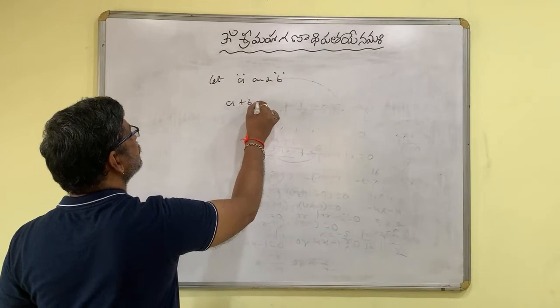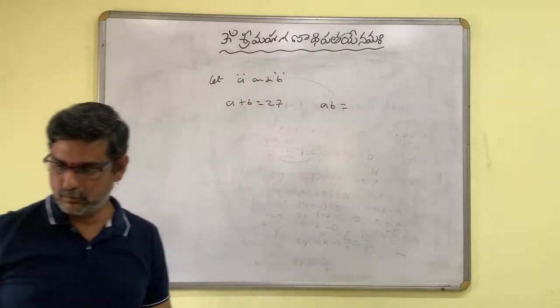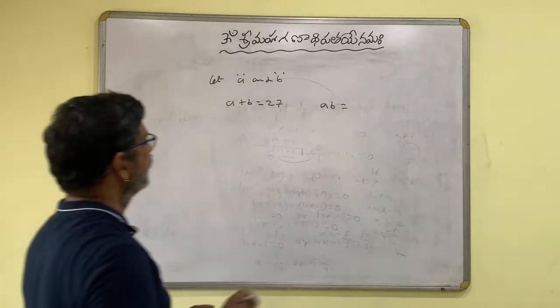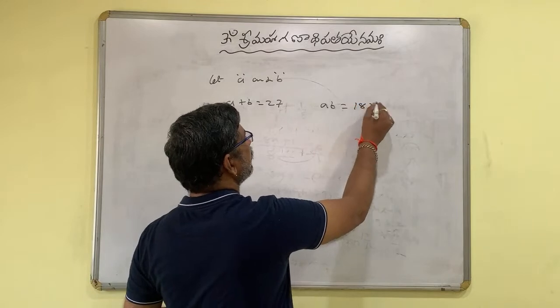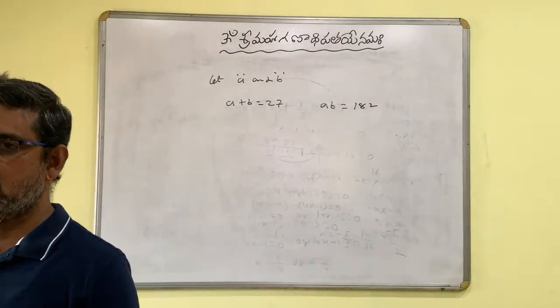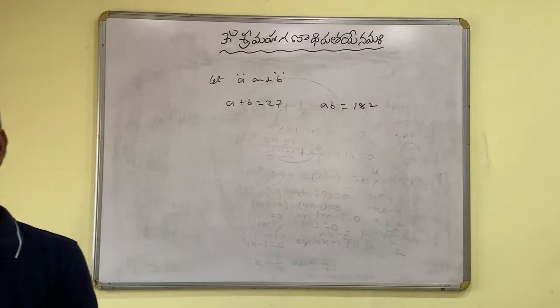Given their sum is 27 and product is 182. This is the question.